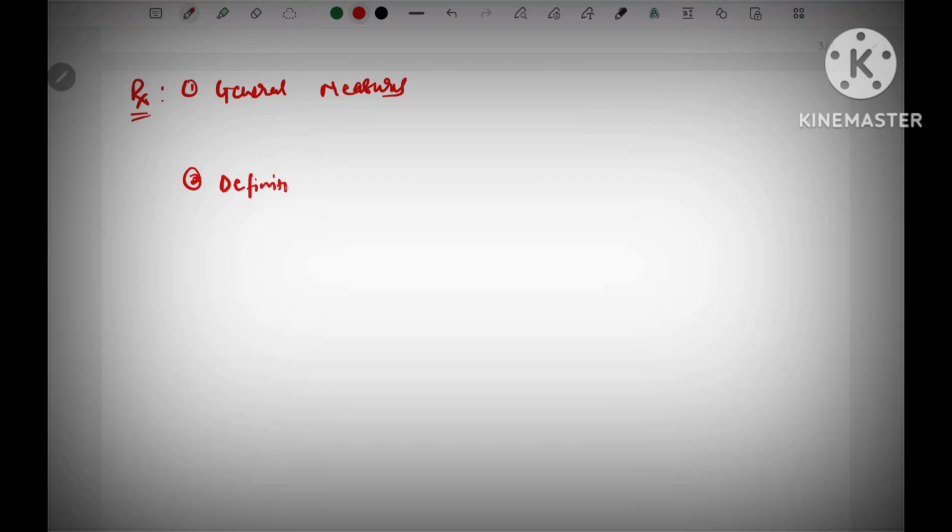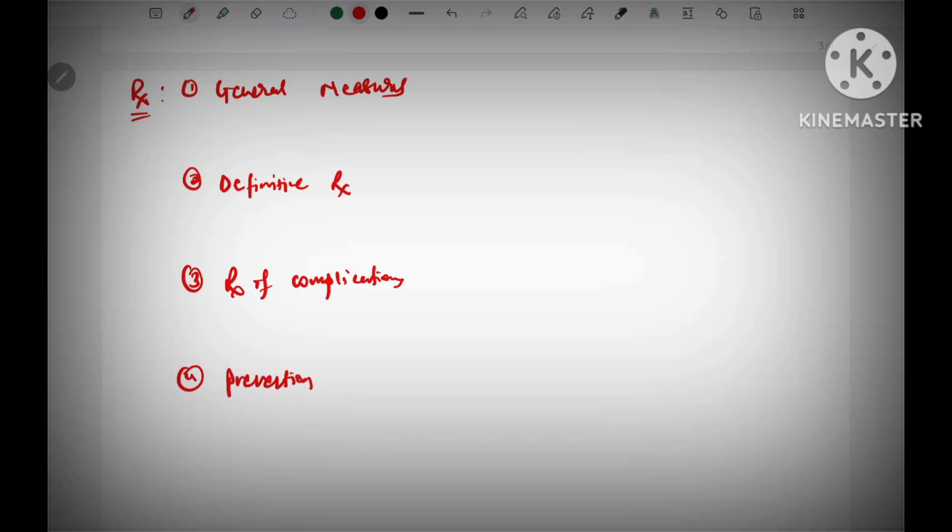Now, talking about the treatment part, which is the most important part. Always say the treatment under four topics. The first one is the general measures, the second one is the definitive treatment, the third one is the treatment of complications, and the fourth one is the prevention.